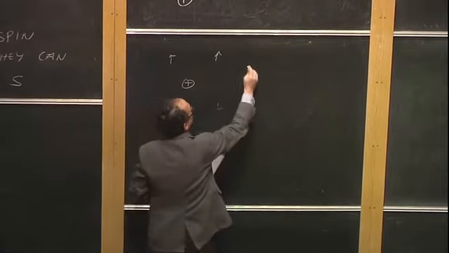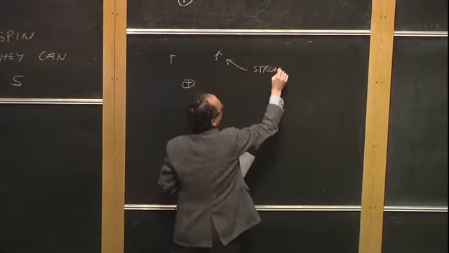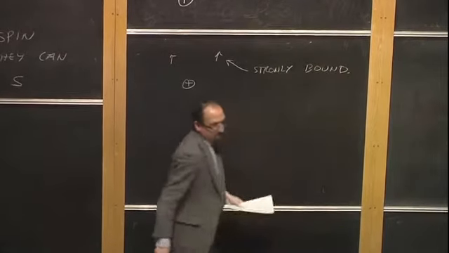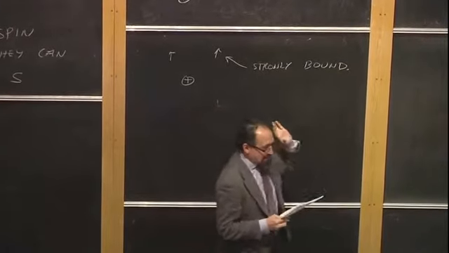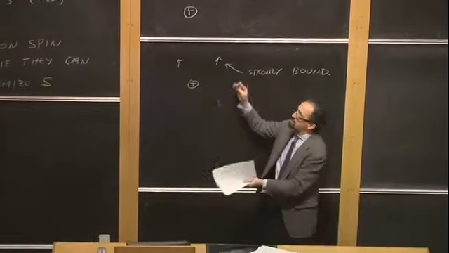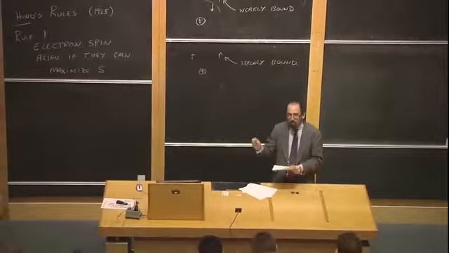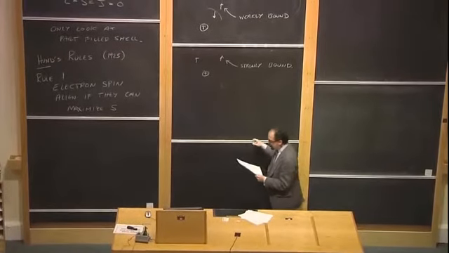So as a result, the electrons are strongly bound. And this is more of the reason of why it's lower energy to have the 2 electron spins aligned, because then the 2 electrons are strongly bound to the nucleus, and that lowers their energy. Okay, so that's more of the honest reason why Hund's first rule applies.